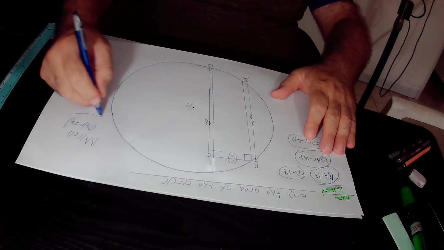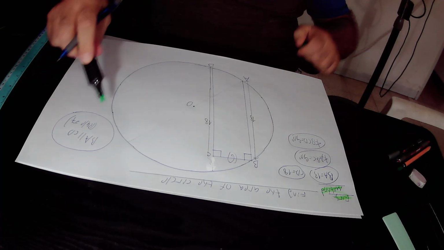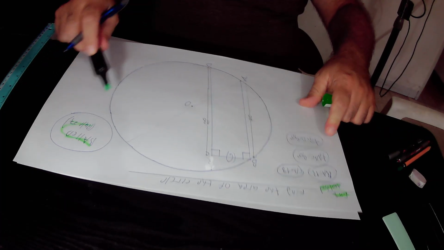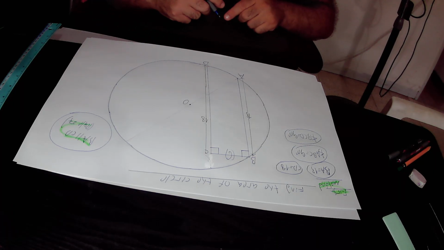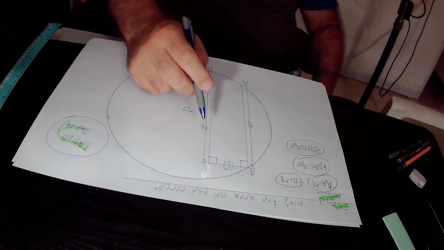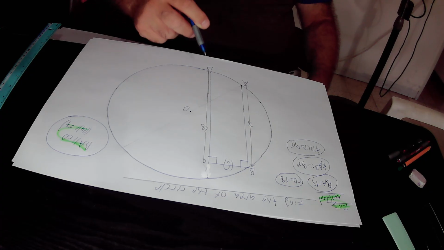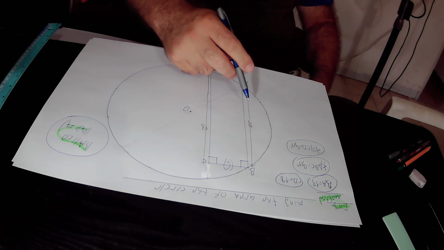So in the next step, we will do a construction. That is to say, from point O, that is the center of this circle, we'll draw a perpendicular on CD, and we will extend the perpendicular by a straight line until it touches AB.